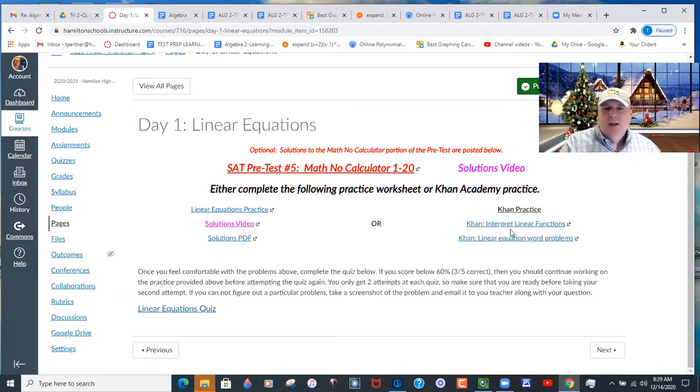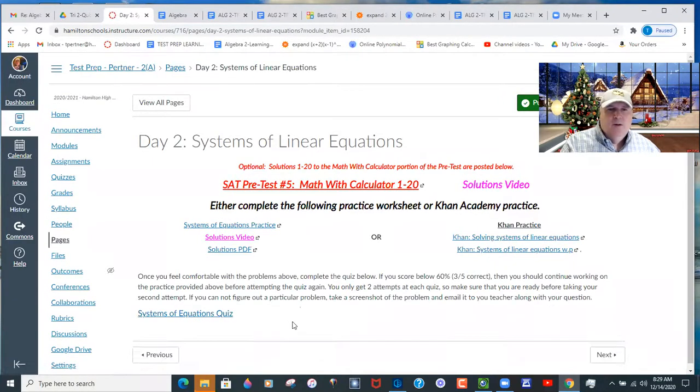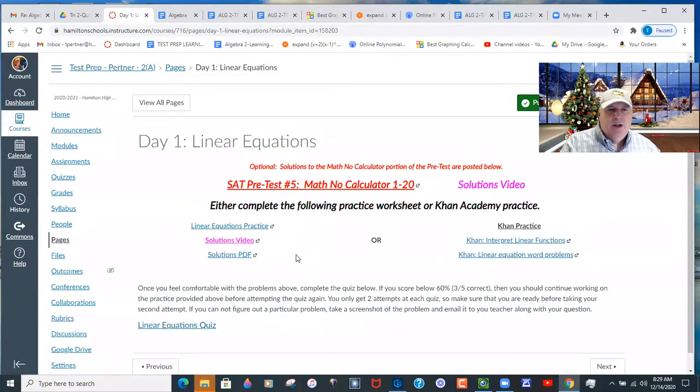That's the number one thing. The Khan Academy is just Khan Academy practice over this. So whatever you want to do, and basically I think it's on the student version, you can do next or previous, like once you're into this view, here's tomorrow's. So every day has one to do, and you need to do that every day.